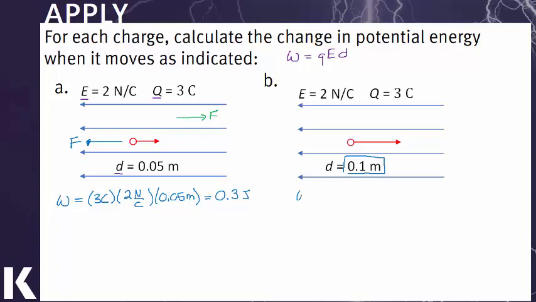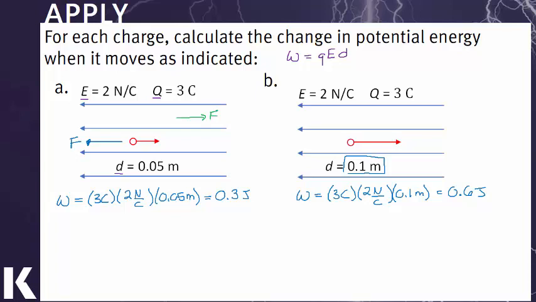And we can also calculate this out. We would have 3 coulombs, 2 newtons per coulomb, 0.1 meters. And this would also give us 0.6 joules as our increase in potential energy.